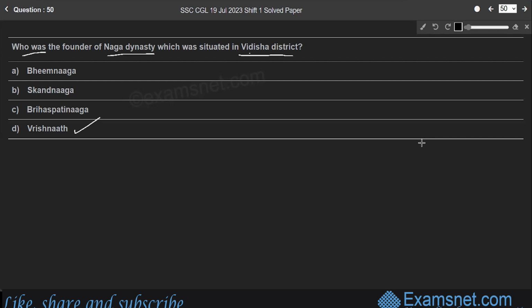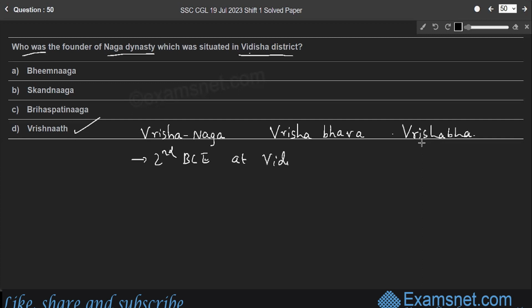He was also known as Vrishanaga, or Vrishabhava, and also known as Vrishabha. He established the Naga dynasty in 2nd BCE, right? So in 2nd BCE at Vidisha district.